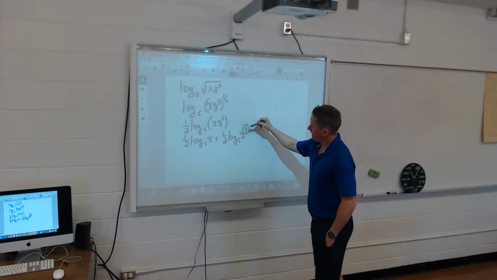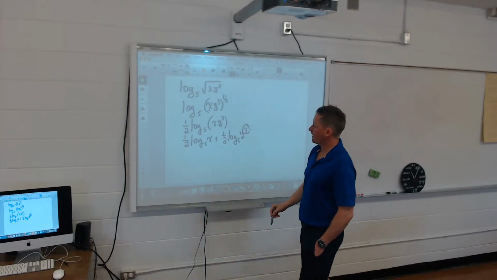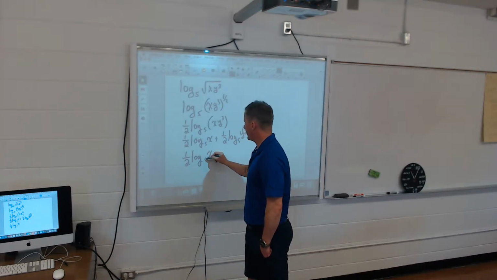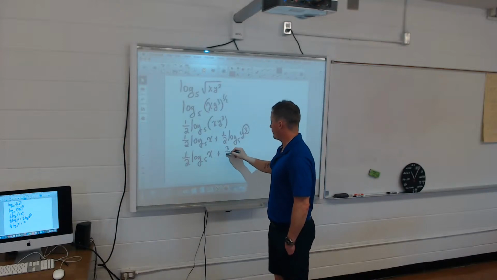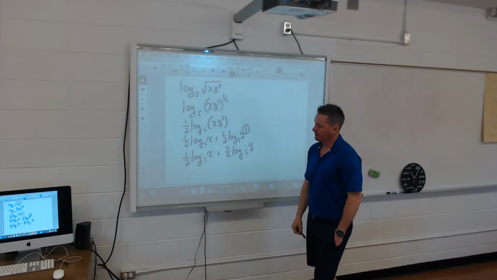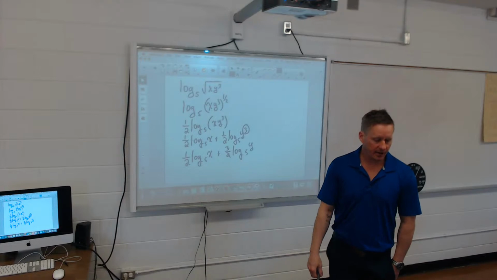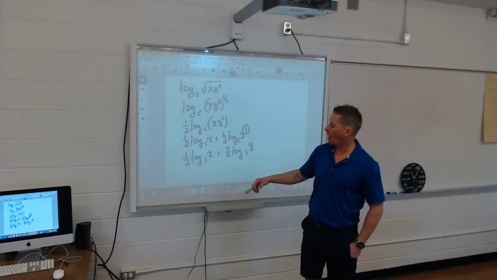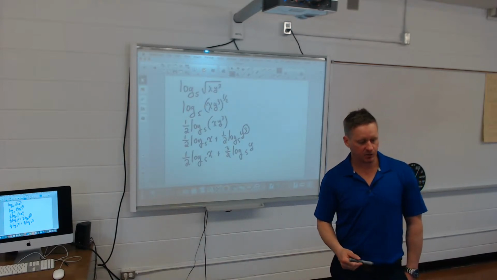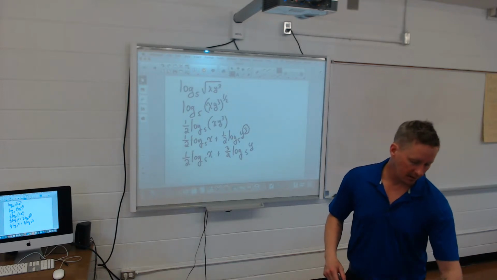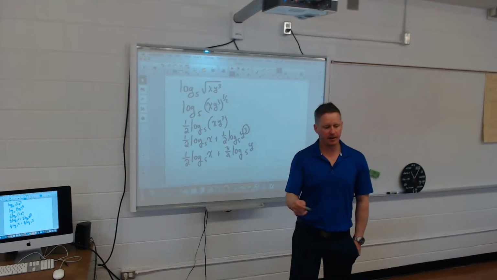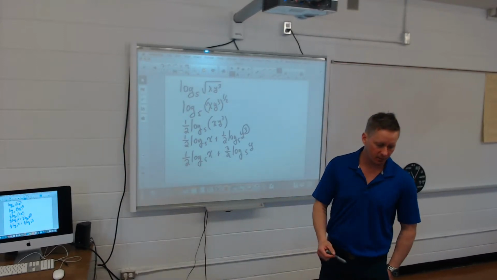And then I have to move that exponent to the front and multiply it by 1/2. So the expanded form of this is 1/2 log x base 5 plus 3/2 log y base 5. Okay, so if you watch the video from yesterday, I explained why we do this. Then there's putting it as a single logarithm so we can switch it to exponential to solve questions. So we want to be able to work back and forth between exponential and logarithm. So that's where we're leading into.